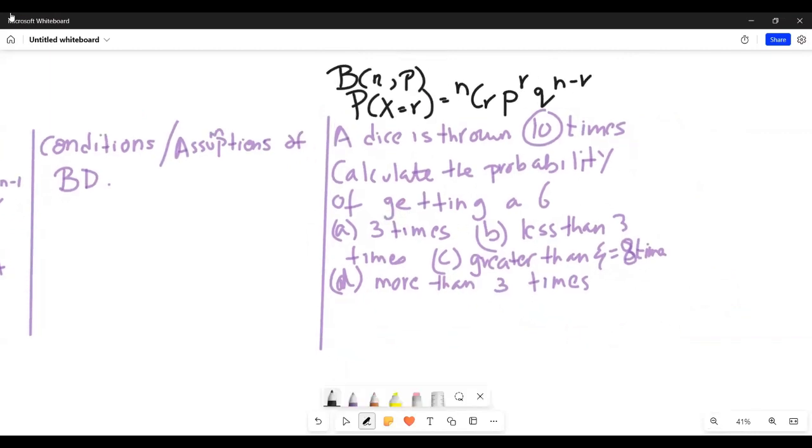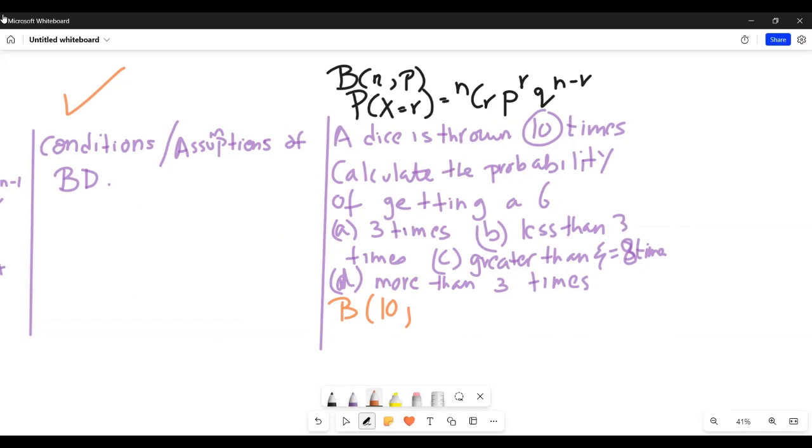So let's apply the formula. It is binomial distribution. We'll talk about that in the conditions in a bit. कि कैसे पता है कि binomial distribution है. इसकी अभी बात करते हैं. फिलहाल let's assume it's binomial distribution. n इसका है 10 times. p इसका होगा probability of success.